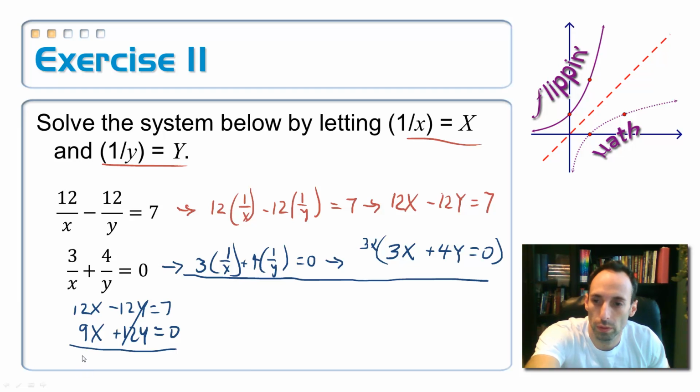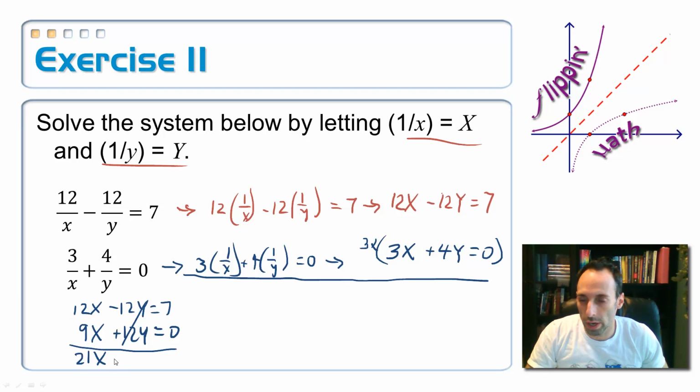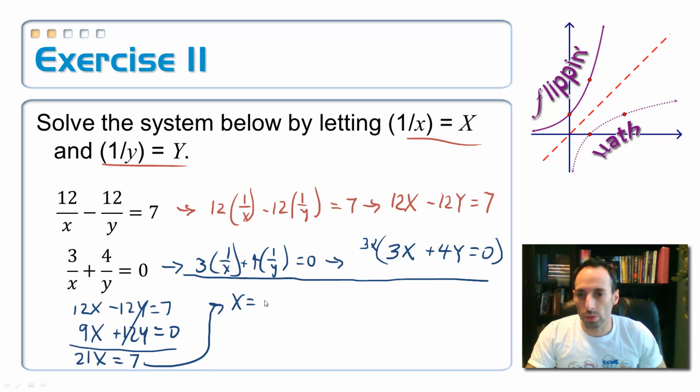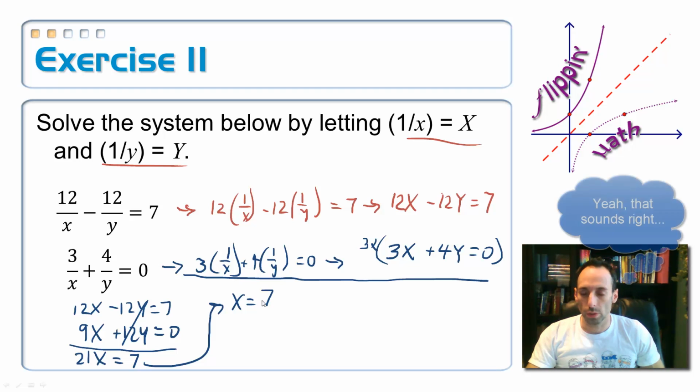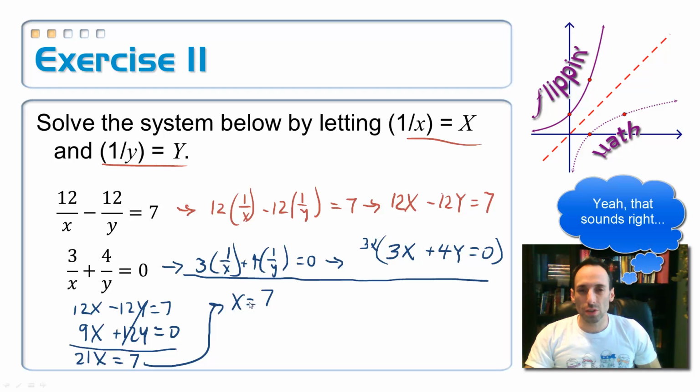21 large x's is equal to 7. There we go. And divide it, I would get large x is equal to 7. Okay, but I don't actually want large x. I want 1 over x. So let's back substitute.